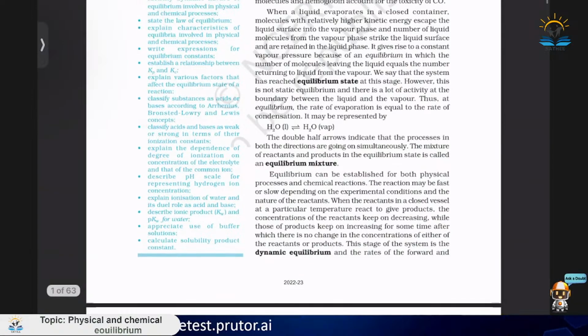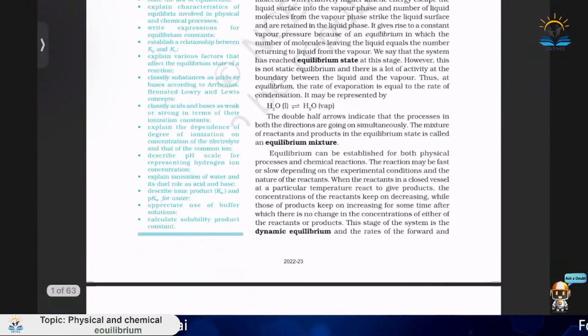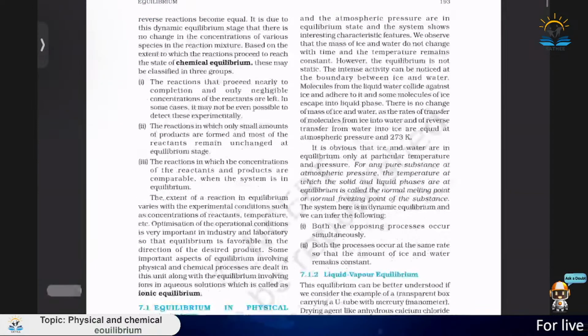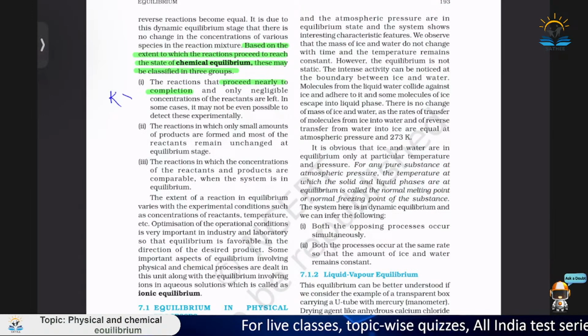Okay, so we'll move forward. Based on the extent to which the reaction proceeds to reach the state of chemical equilibrium, reactions may be classified into three groups. The ones which proceed nearly to completion, for them K is more than 1.